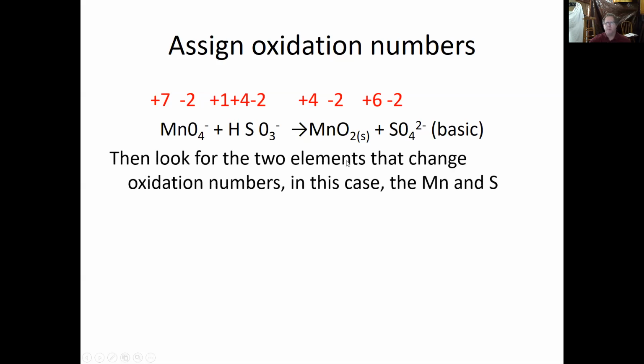Now, as we do this, we've completed listing them all. We need to look for the two elements that change oxidation numbers. In this case, manganese, which goes from a +7 here to a +4, and sulfur, which goes from a +4 to a +6.